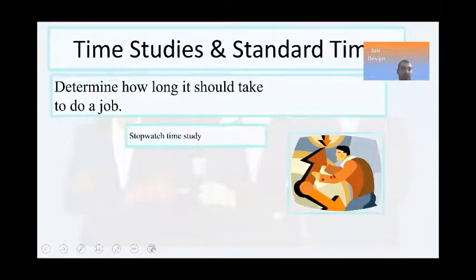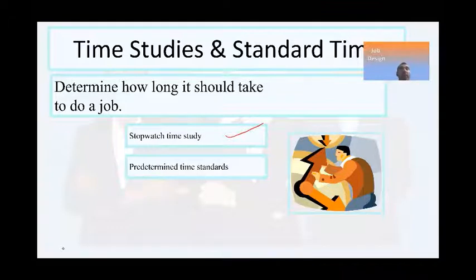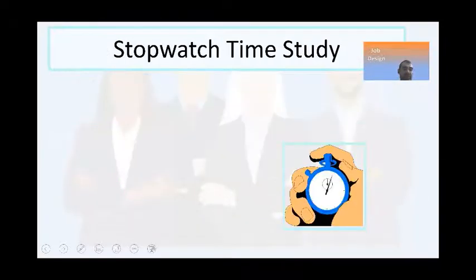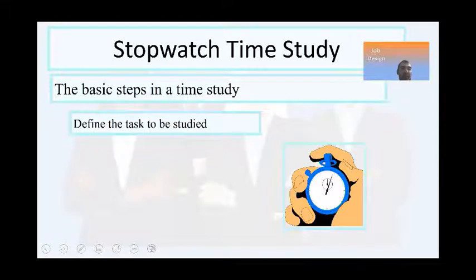First of all, we want to do time studies, stopwatch time studies. We want to time tasks workers do, and then maybe we contrast this against some predetermined time standards, or we're creating the time standards. So here are the steps. We're going to define the task to be studied. That's the first thing.